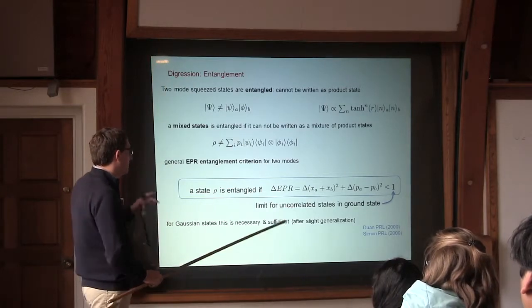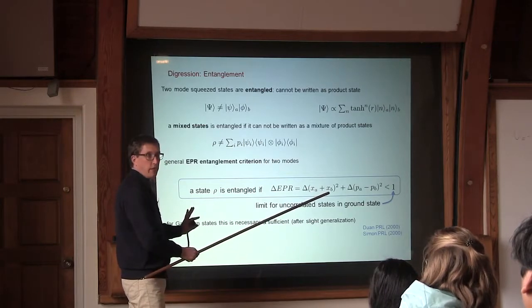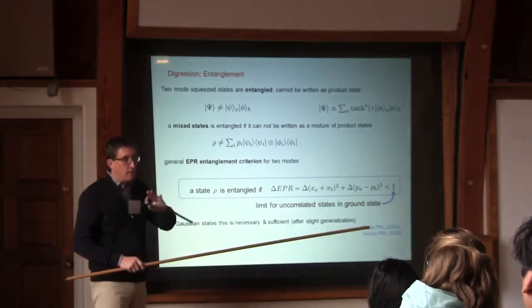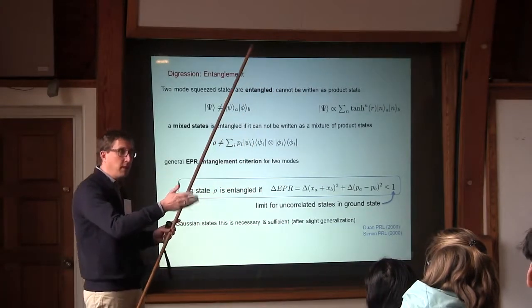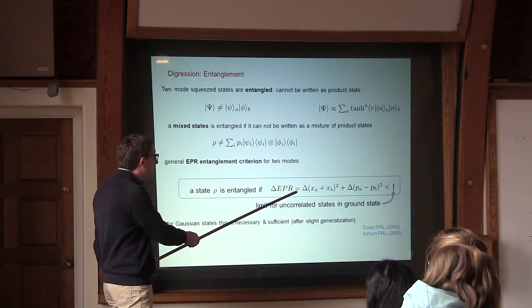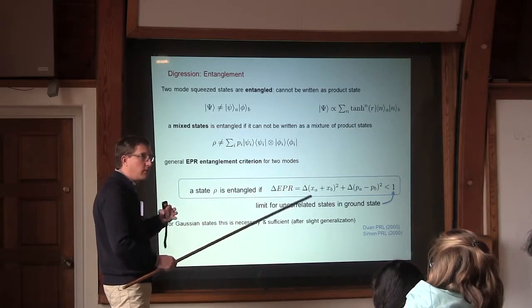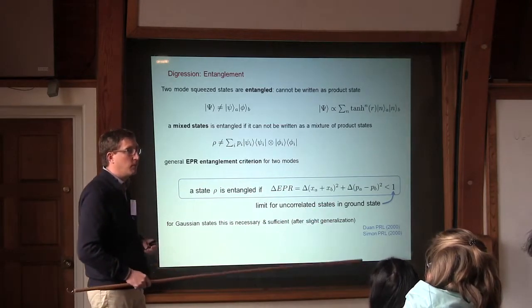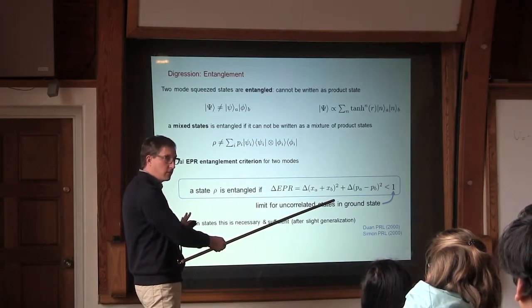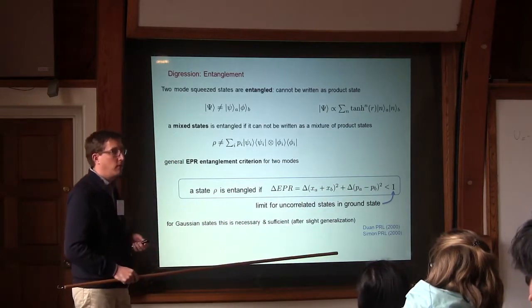So this is a little bit different, because here we are not talking about collections of spins, we're talking about two bosonic modes. Of course, we can embed the bosonic mode in a spin, and then we can apply that, and this criterion would converge into what you know for a fully polarized state. For a non-fully polarized state, it would look a little bit different. But it would make a statement about two collective spins, each carrying one bosonic mode in first element.